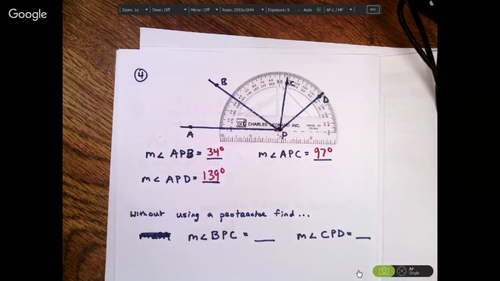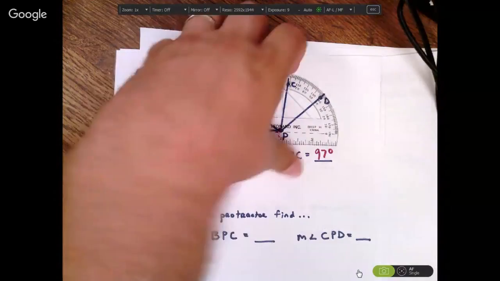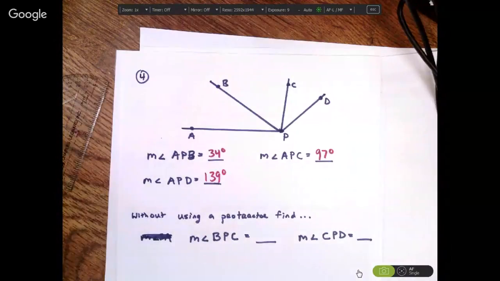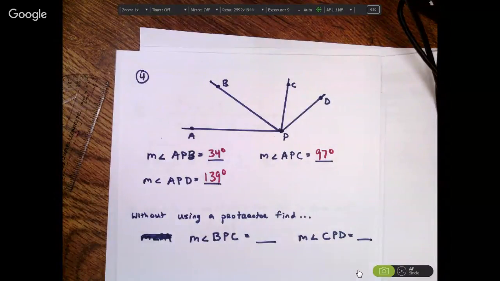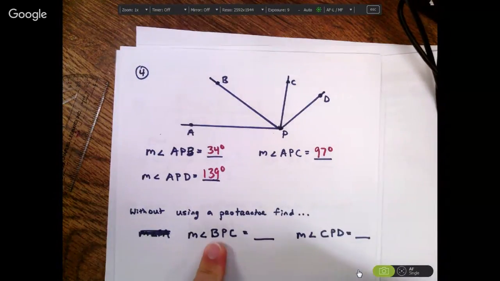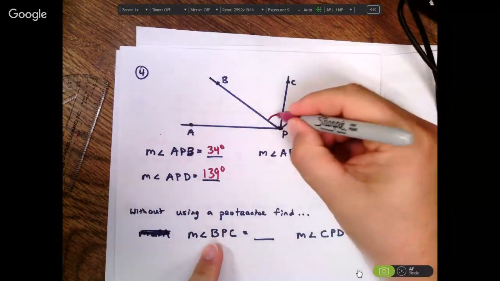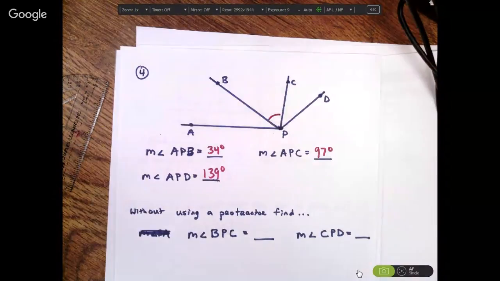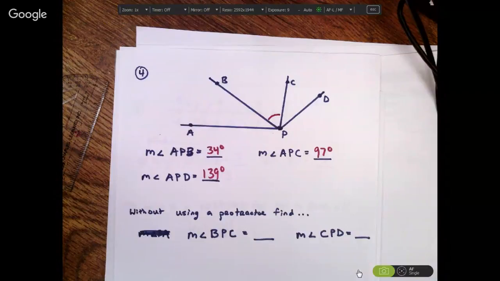So without using a protractor, so all of a sudden I rip this out of your hand and you start crying and I say, I don't care. Can we figure out the measure of angle BPC? So this one right here. Wouldn't that be PBC, or does it really not matter? Say it one more time.